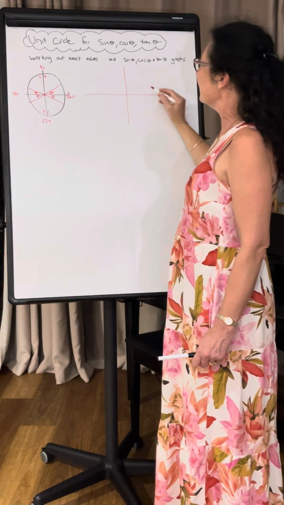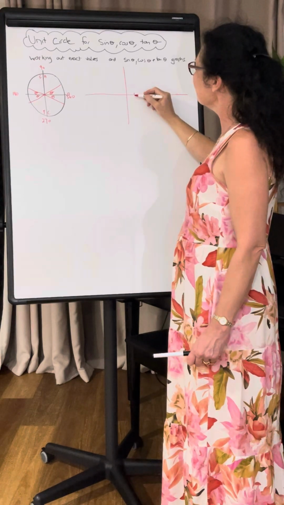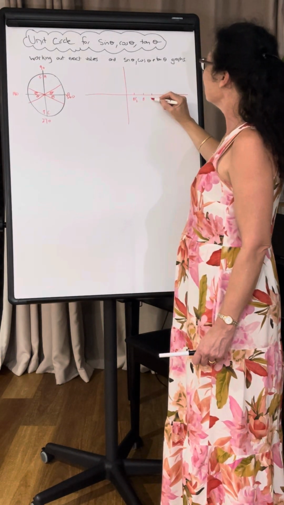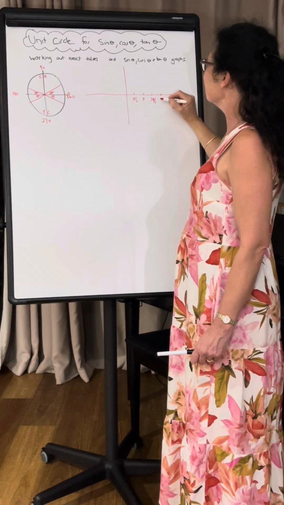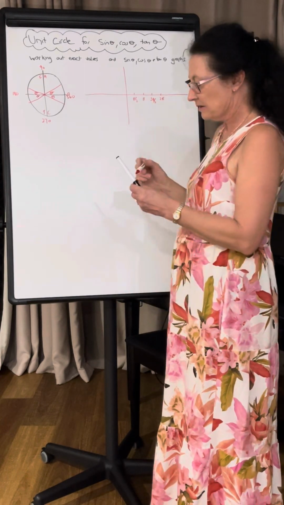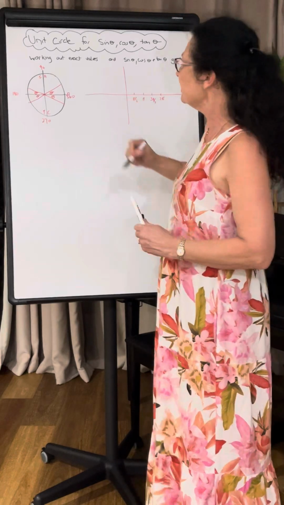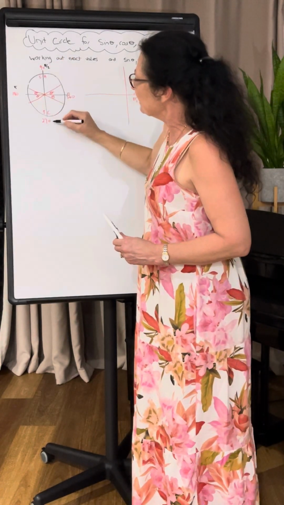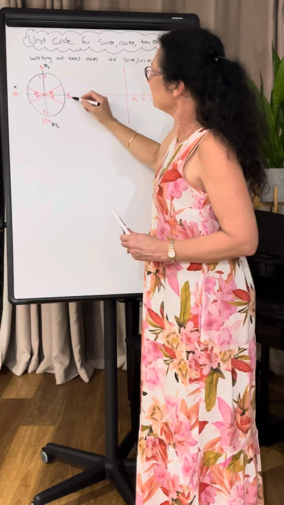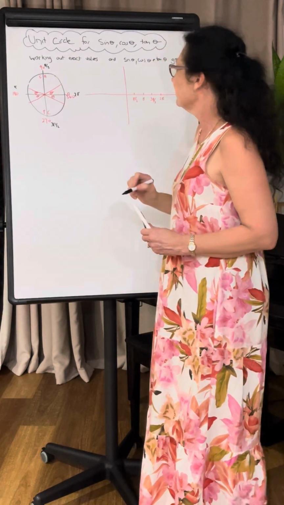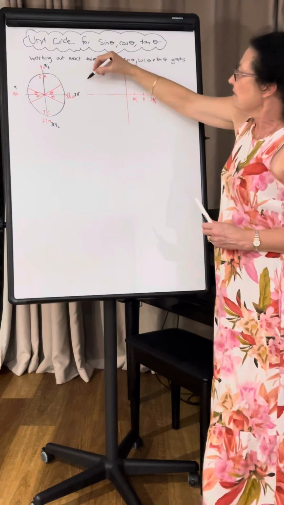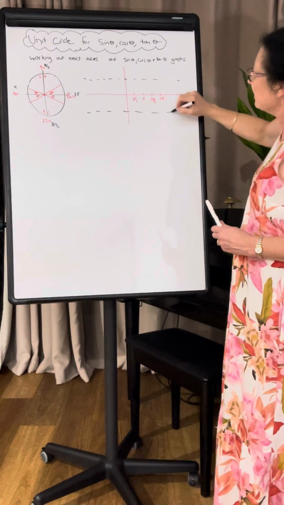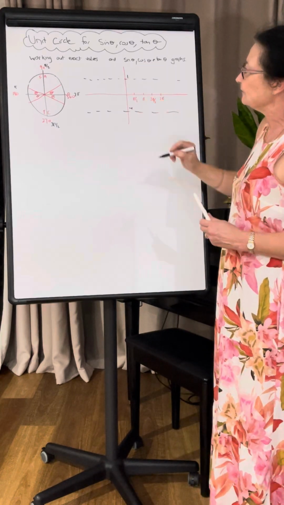If we have a look at our sine and cos graphs, you should straight away write these down. Now remembering my little cheat sheet from last week, you write down the degrees and then you write down the radians. Now we know with sine and cos that they have the maximum and the minimum at 1 and minus 1.